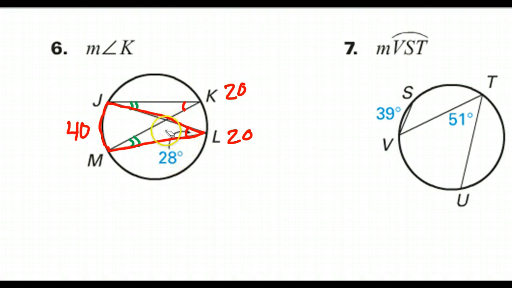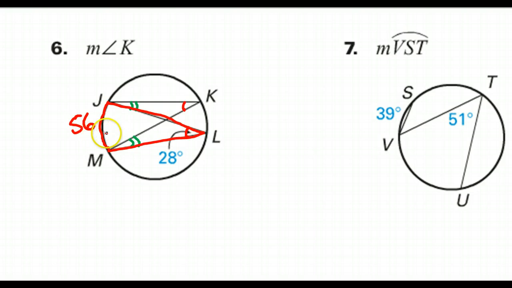We know that this angle is actually 28, so we can be really precise about this. If we know that this angle is 28, we should be able to double that, and that's going to be 56.